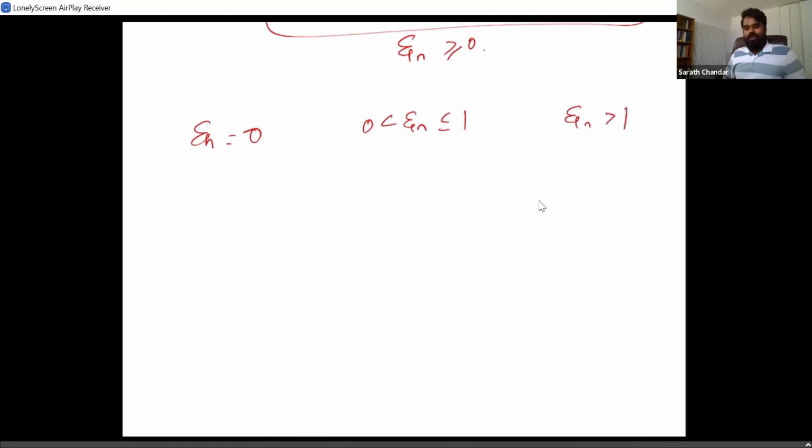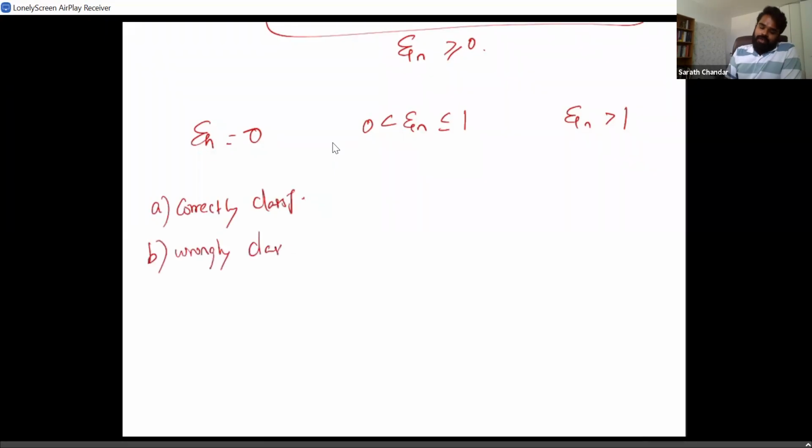Okay, so now we are going to do a small poll. If epsilon n is equal to 0, is that data point correctly classified or wrongly classified? A for correctly classified and B for wrongly classified.